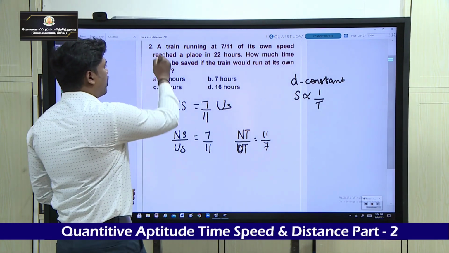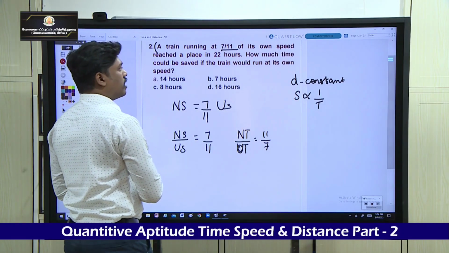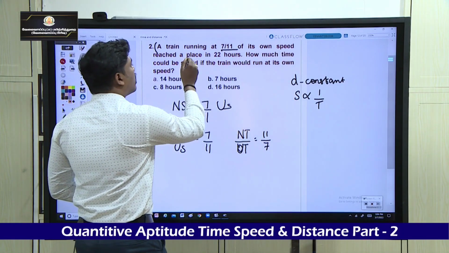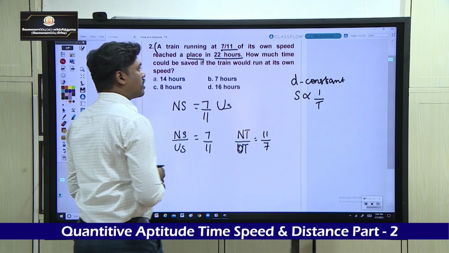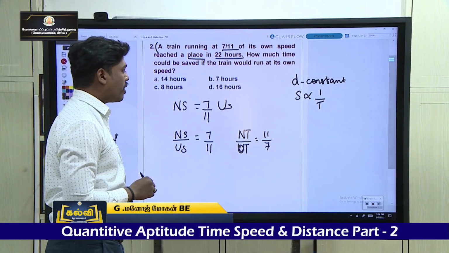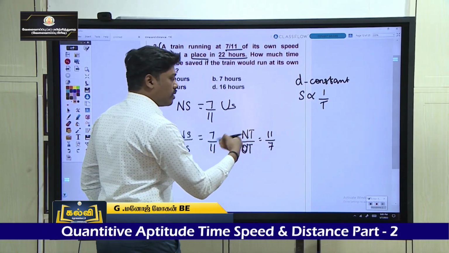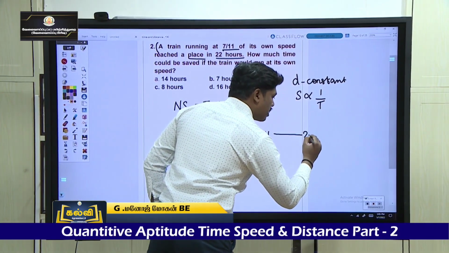Okay. Now come to the second point here. A train running at 7 by 11 of its own speed reaches the place in 22 hours, which means with the new speed it has reached in 22 hours. So look at here. New speed means new time. So 11 parts is 22.